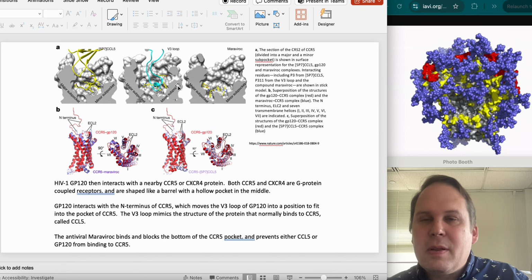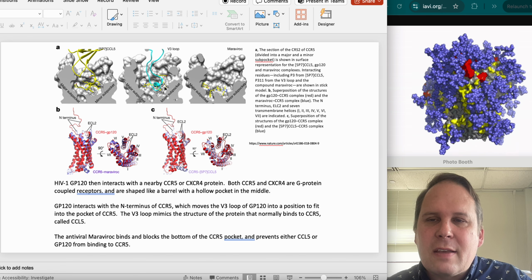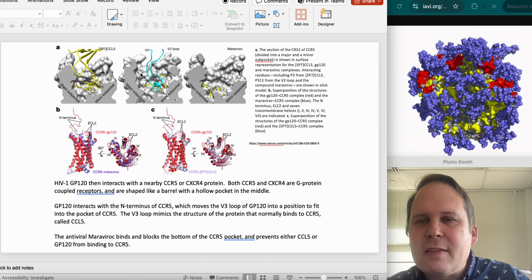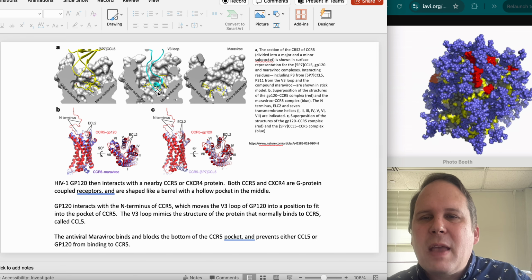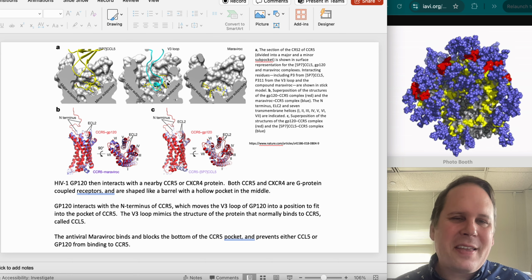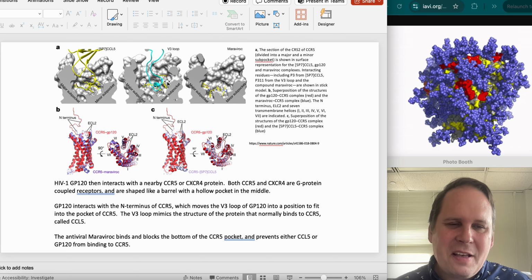That V3 loop, look at that, has a little alpha helix right there. Now, the alpha helix is at the end of this protein, and it's kind of in the middle of this protein. But darned if it doesn't make 4 little points of contact inside the pocket, just like CCL5.